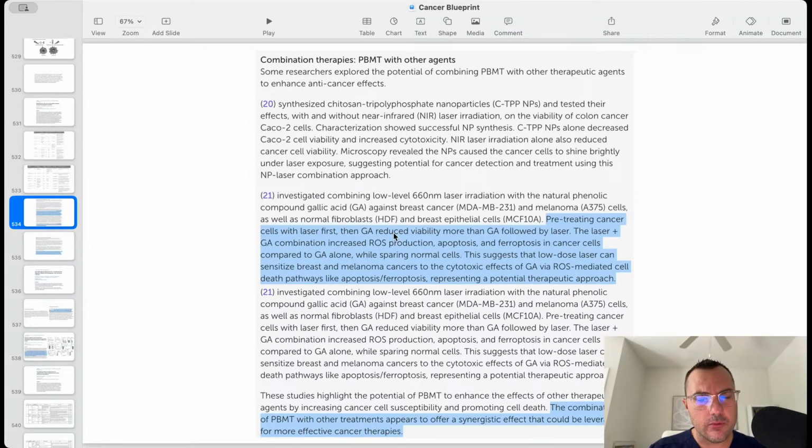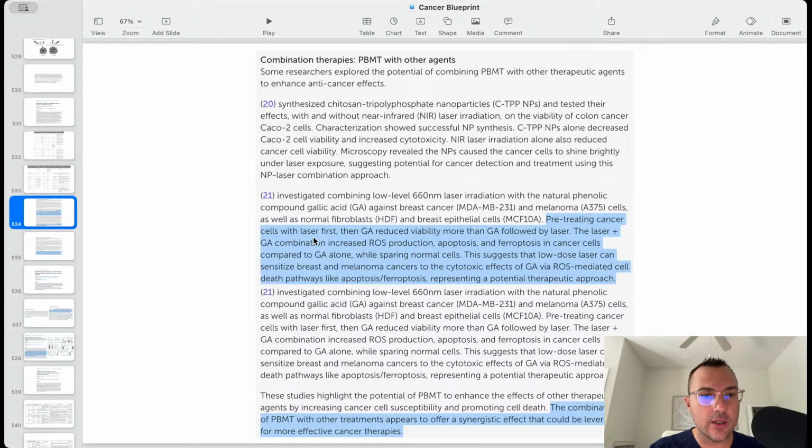They used, in a melanoma model, a breast cancer model, and normal fibroblasts and breast epithelial cells, 660 nanometer light via a laser, which is right in the red range, and a compound called gallic acid. They wanted to see the effect of gallic acid by itself, and then the effect of gallic acid when followed by this red light therapy.